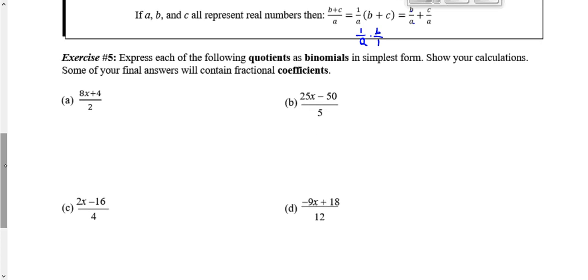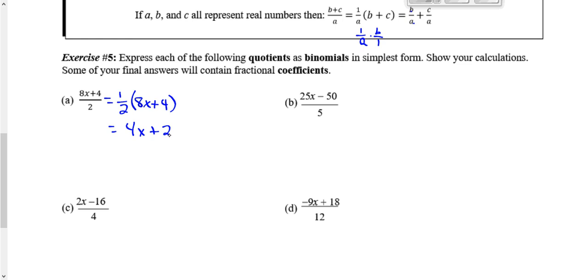So instead of 8x plus 4 divided by 2, I could write it as what times 8x plus 4? 1/2 times 8x plus 4. Now let's distribute through the 1/2. What's 1/2 of 8x? 4x. And then 1/2 of 4 is 2. The same thing, we just turn division into multiplication.